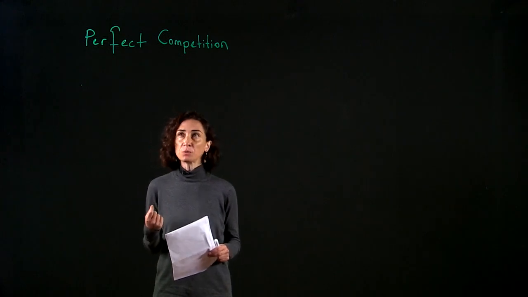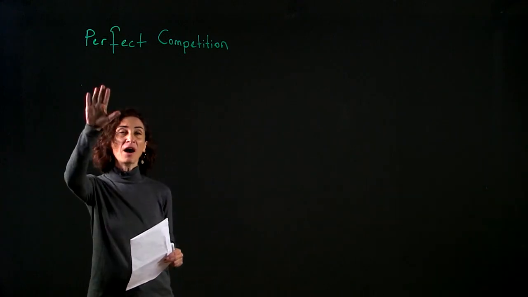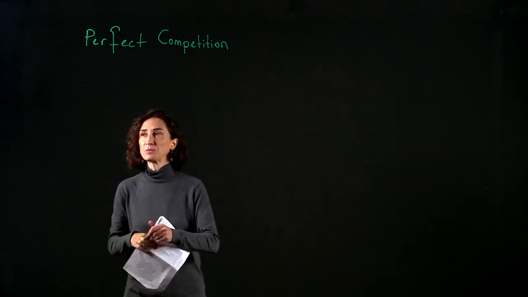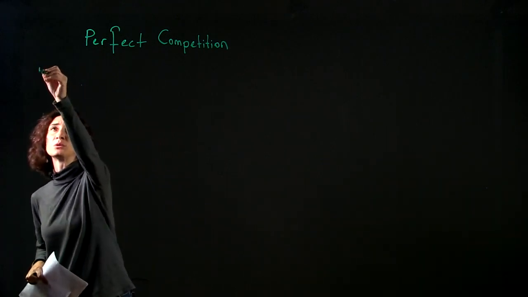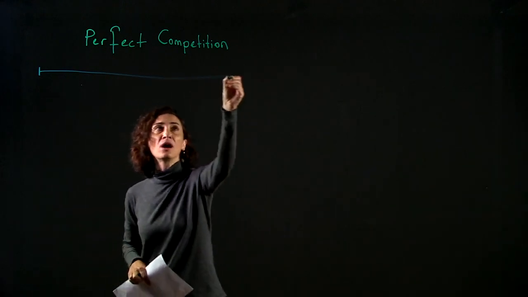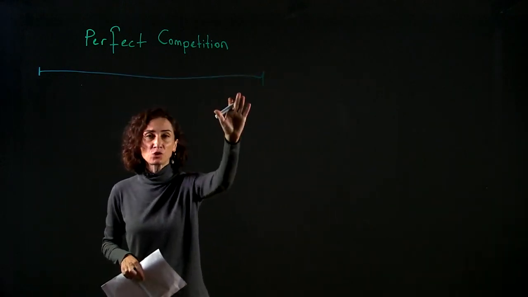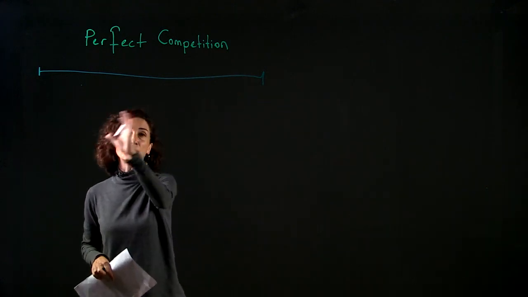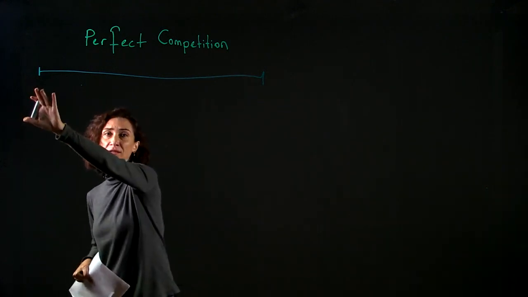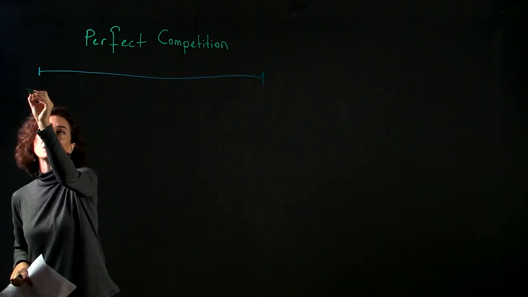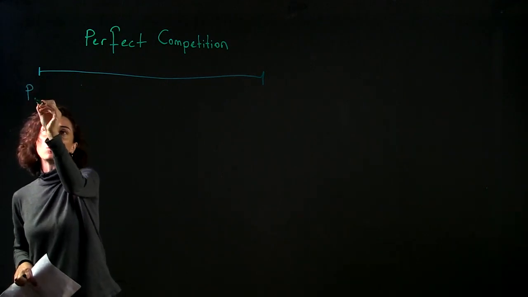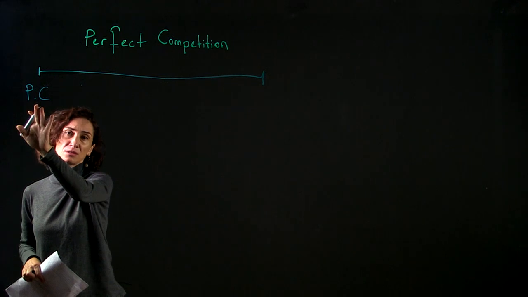So we will start with one ideal case. I say ideal case because if we would like to categorize market structure, you can think about a range of different market structures. At one end, this is where we start, we will have perfectly competitive market structures.